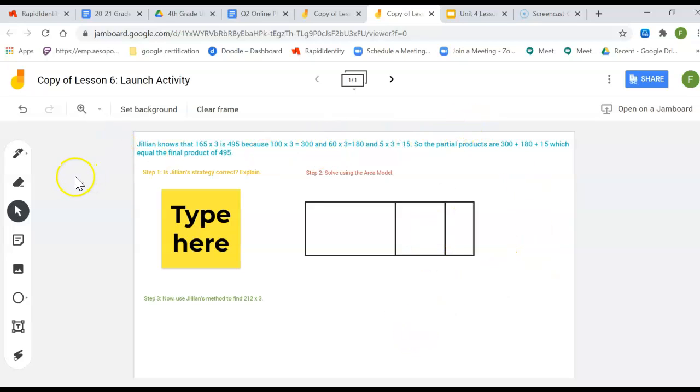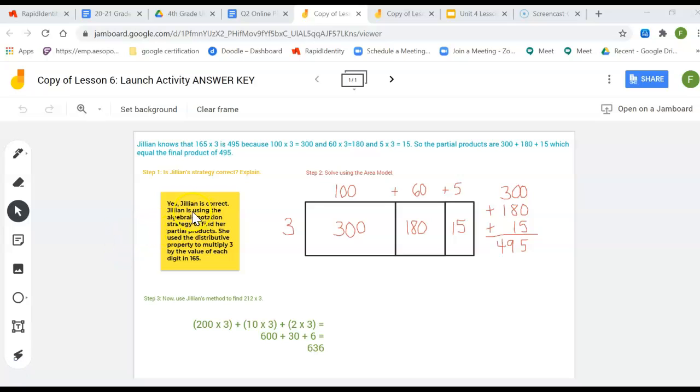I'll pause the video for a few minutes to give you an opportunity to complete step 1 and step 2. And lest I forget, at the bottom right it does have a step 3. It says, now use Jillian's method to find 212 times 3.